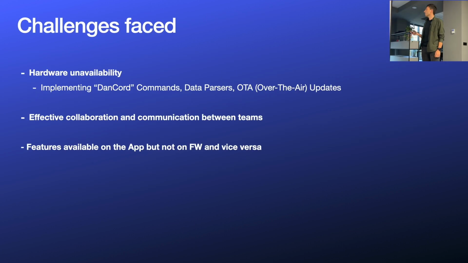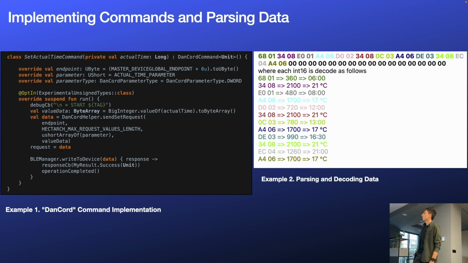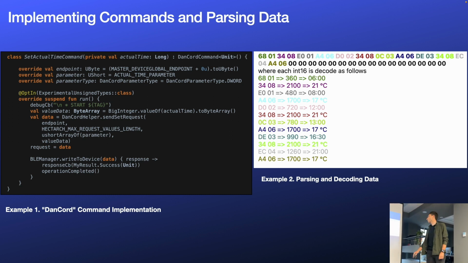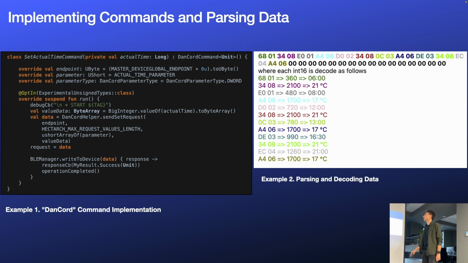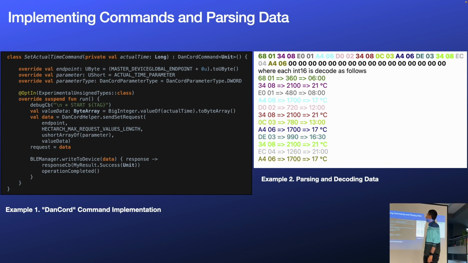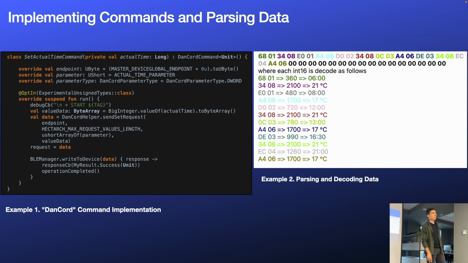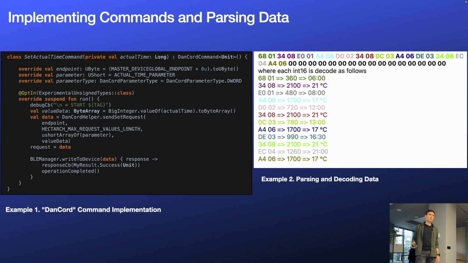On the next slide, on the right side, I have one example of a DENCORD command. This is the command for setting the actual time on the device. In that command we have the endpoint, which is the endpoint from the physical device.